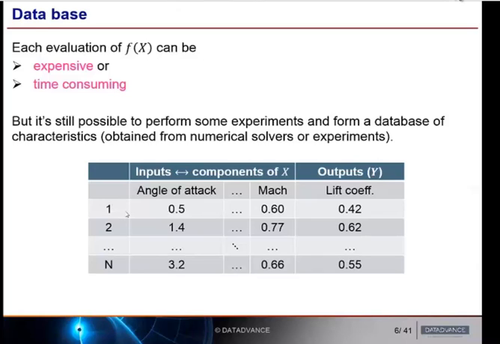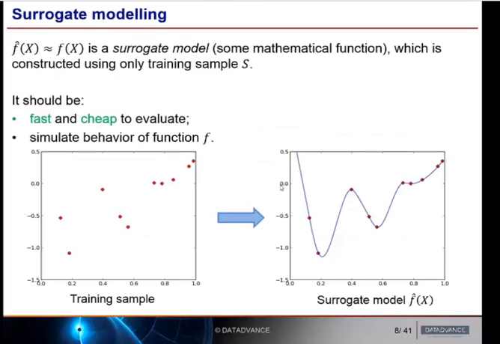Consider the training sample, which here is represented on a two-dimensional plot. Here, one point corresponds to one experiment, and its X projection is a value of an input, and its Y projection is for outputs. And using this training sample, we construct a surrogate model.